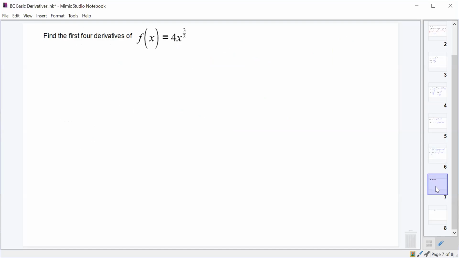All right. If we want to find the first 4 derivatives, we got f prime equals 4x to the 3/2 is our first one, so that should become 6x to the 1/2. What should our second derivative be? Second one should be 3x to the negative 1/2.